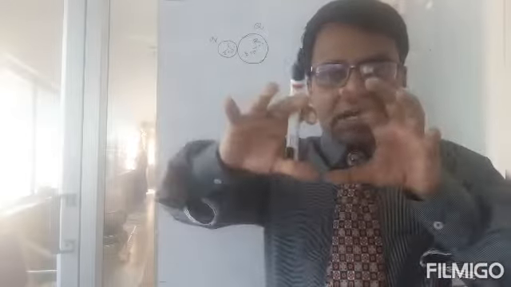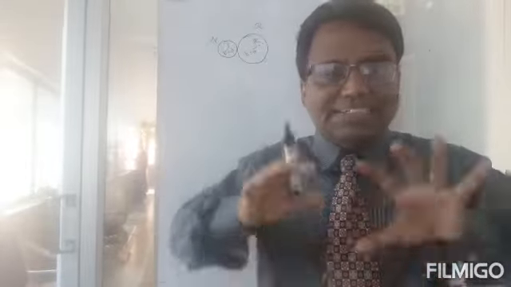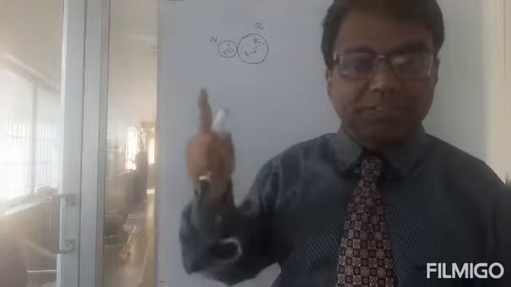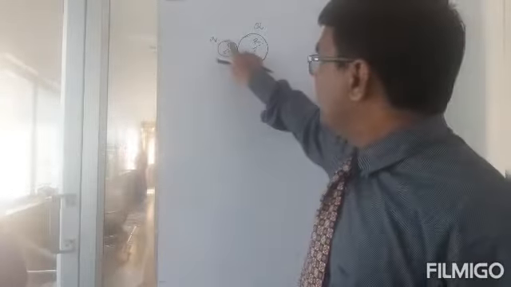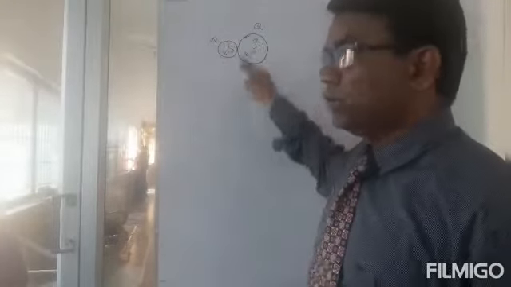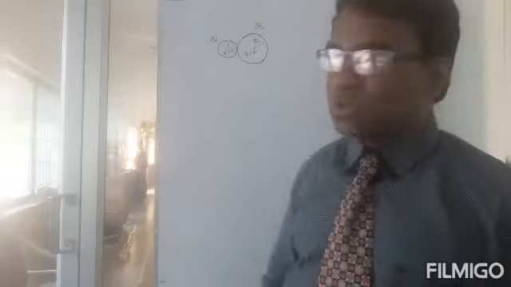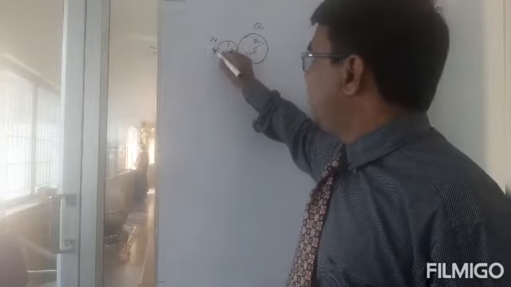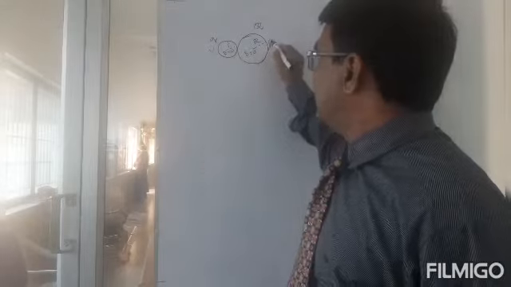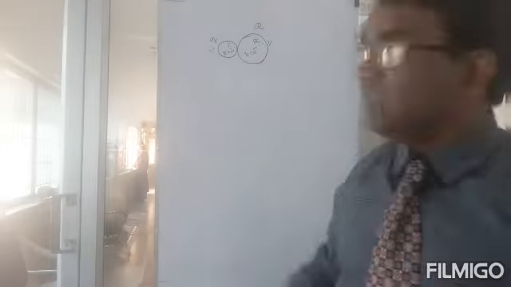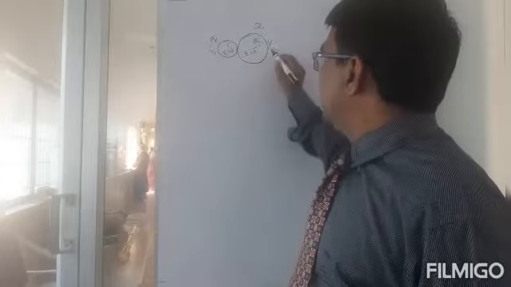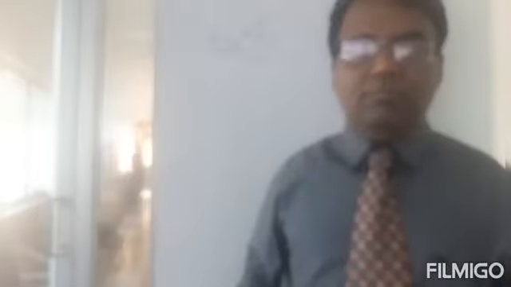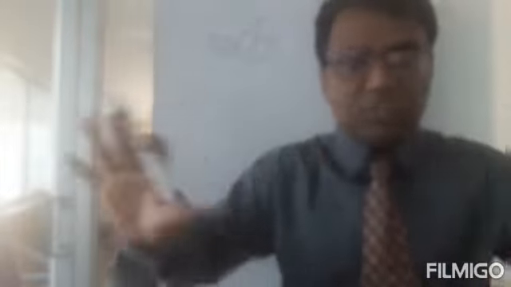When the charges have distributed themselves around the conductor in such a way that this condition is met. E inside the conductor must be equal to 0 and V will be the same throughout the conductor. So V will be the same here and V will be the same here. So this V1 and V2 must be the same. So that is when the charge distribution will stop.